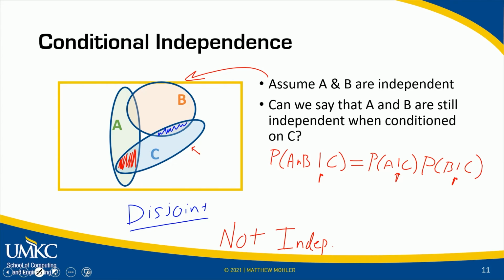Now, this is not necessarily a guarantee, right? There are some situations where we can condition A and B on a third event, and they will still be independent.